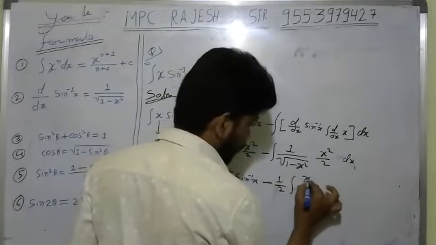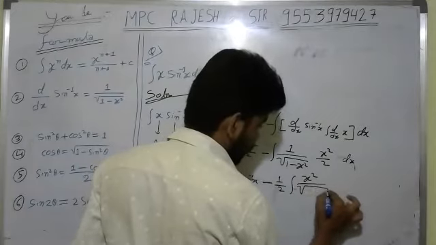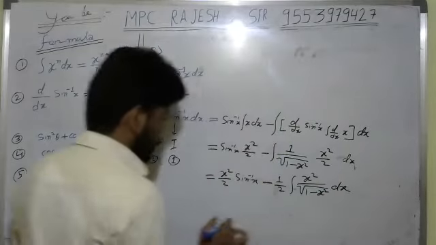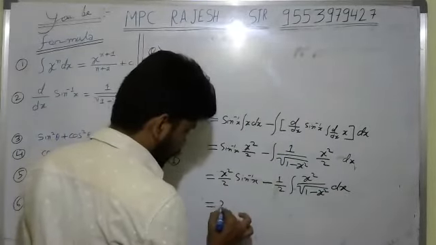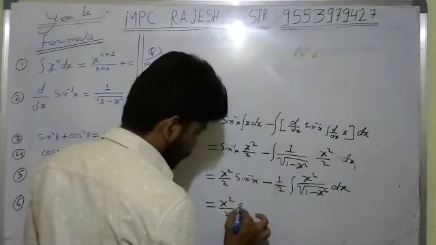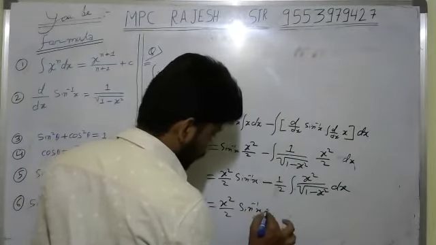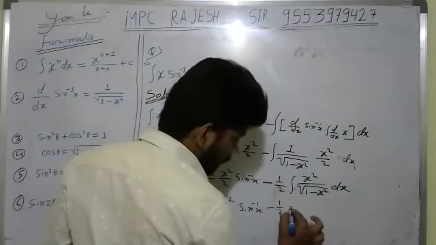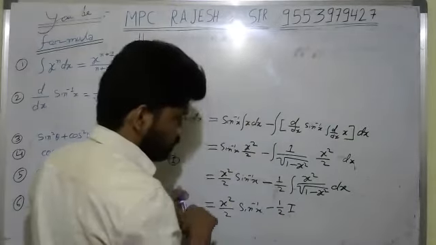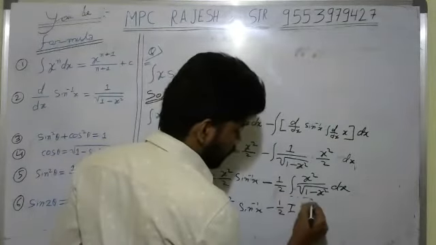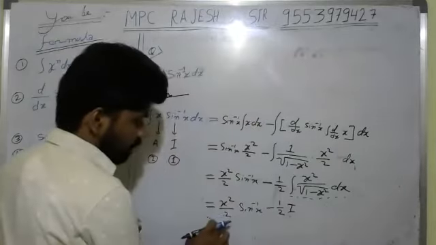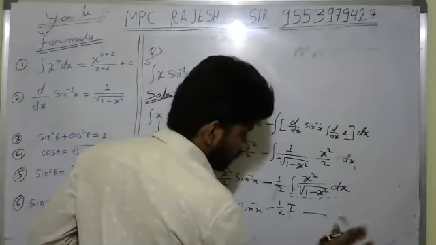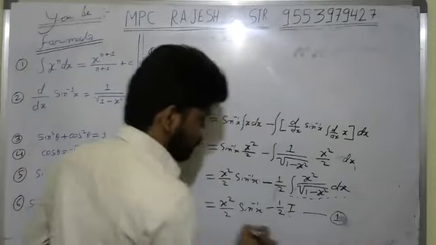Integration of x square by square root of 1 minus x square dx. Now we can write x square by 2 sine inverse x minus 1 by 2 I, where we take this total as the function I. This is your equation number 1.